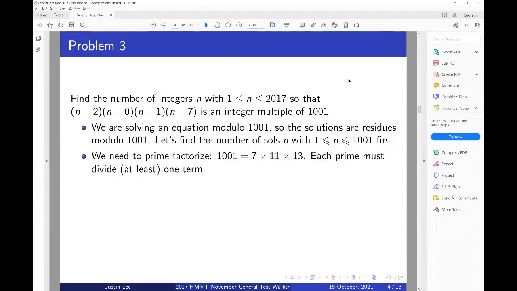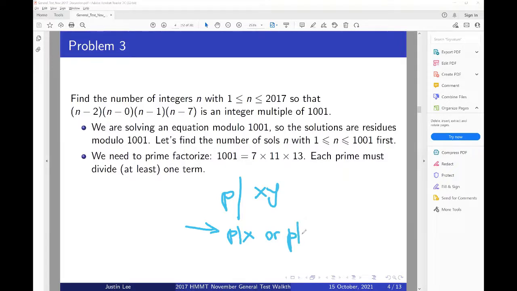So we do need to prime factorize here. The reason prime factorizing may seem quite obvious, but the reason it's so important here is, if we've got, say, an expression, the product xy of two terms, and we know a prime p divides xy, then this implies that p must divide either x or y.